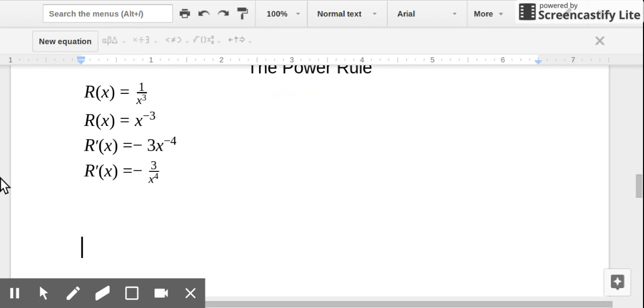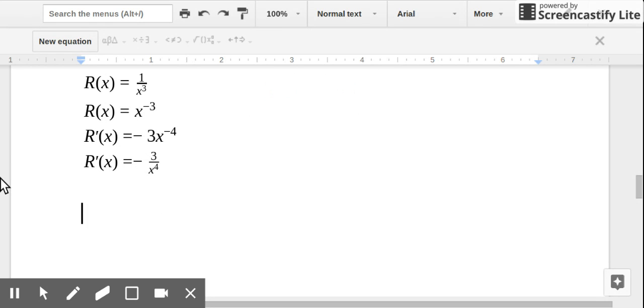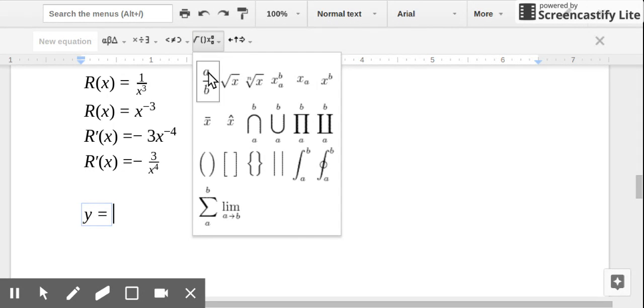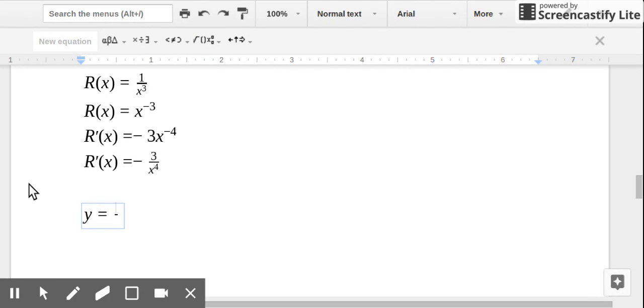All right, let's work another one here. Y is equal to, once again, we have to rewrite it to get it into the form that we need, because this is something you're more than likely going to see.